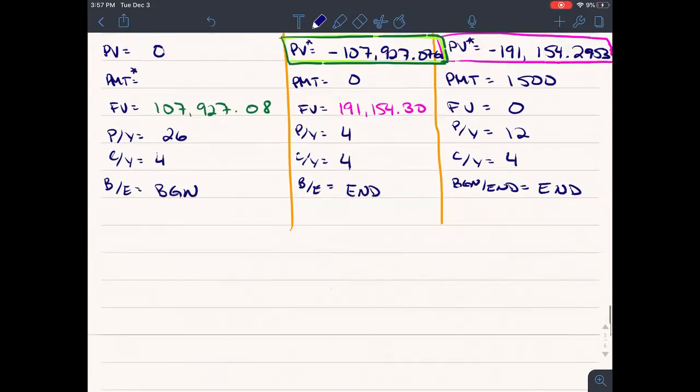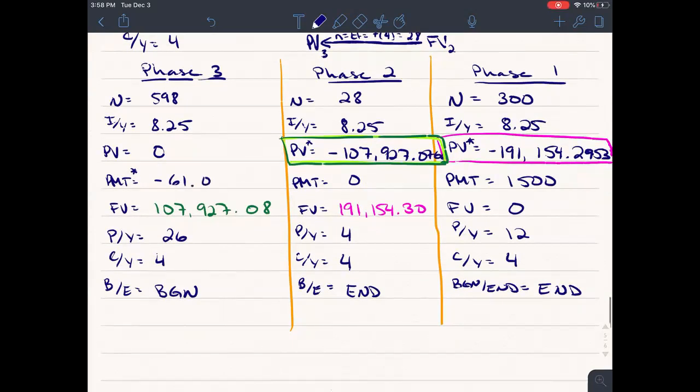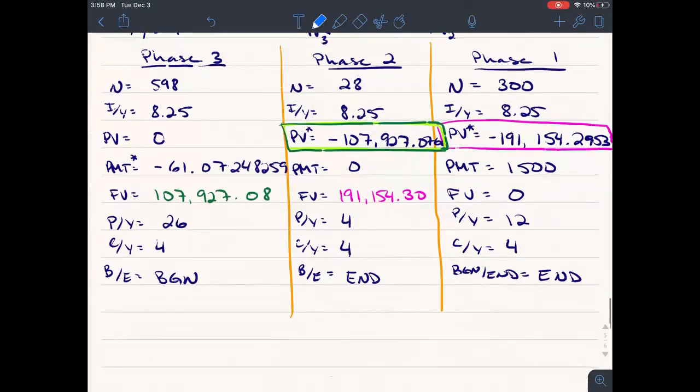So make sure you're in begin mode, and then we can plug these in. 598 for N, 8.25 for the interest per year, 0 for the present value, 107,927.08 for the future value, 26 payments per year, enter, 4 compoundings per year, enter, and then compute PMT, and I get negative 61.07248259. Yeah, nice.